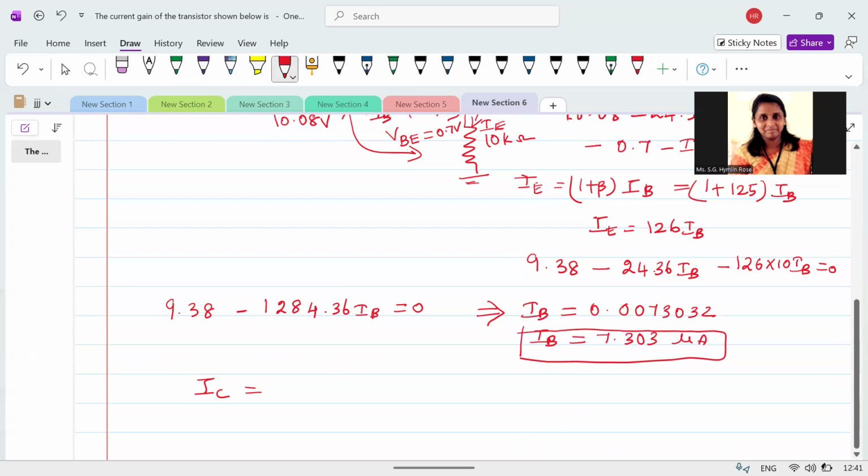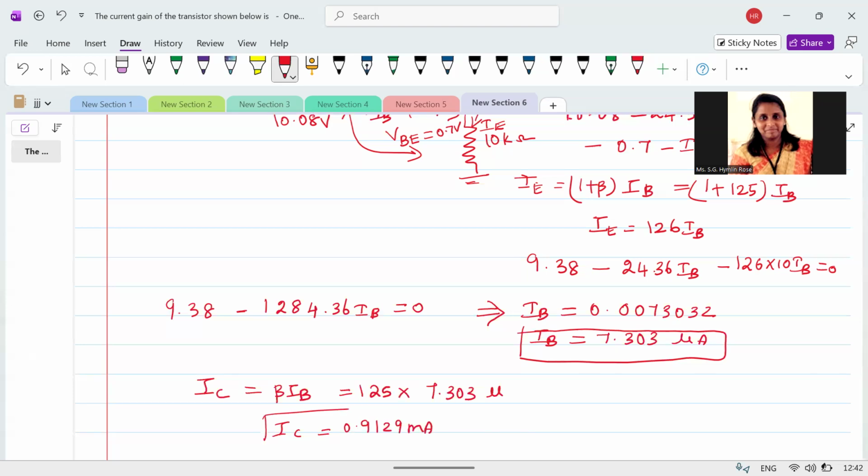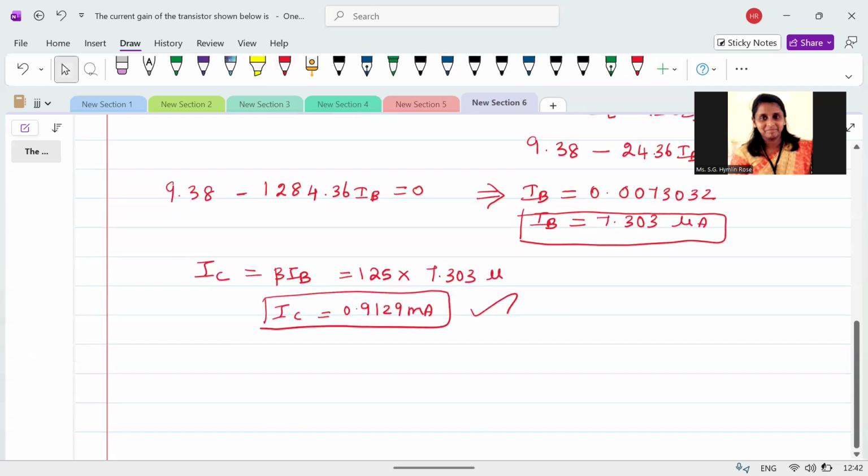The relationship between IB and IC is IC equals beta IB. So it is 125 into 7.303 microampere, and we get IC as 0.9129 milliampere. So we have found ICQ, the first goal.